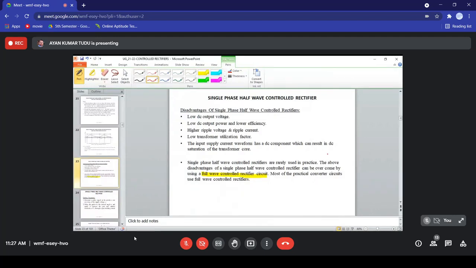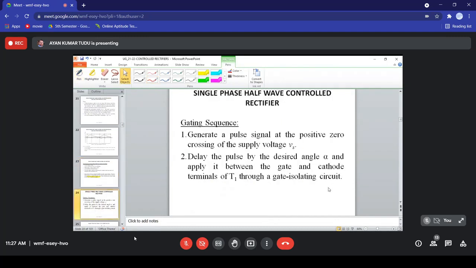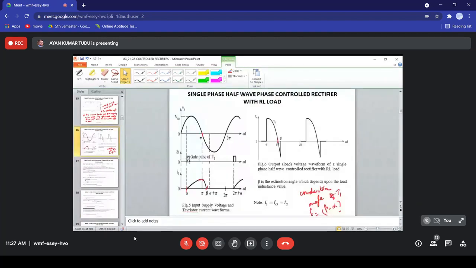What is the gating sequence of this single phase half wave control rectifier? We generate a pulse signal at the positive zero crossing of the supply voltage Vs, as can be seen from the figure, this is the gating pulse.